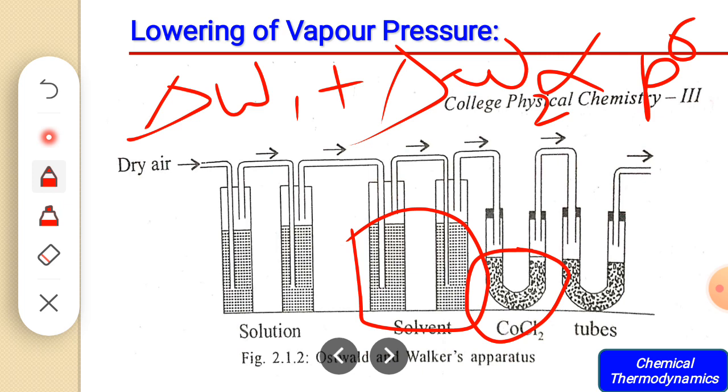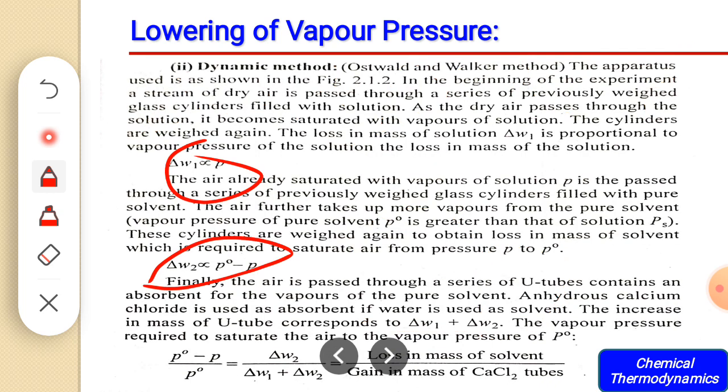Here, P0 minus P upon P0 is equal to delta W2 divided by delta W1 plus delta W2, which is equal to the loss in mass of the solvent divided by the gain in mass of calcium chloride.